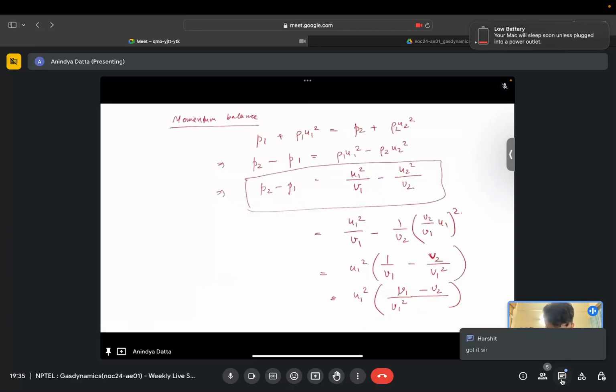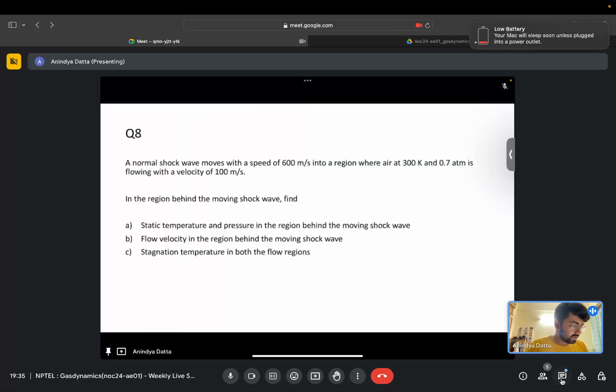Always, when we see a problem, we think about which formula we should fit in there, but at times it's just application of the simple basic fundamental understanding of the problem: momentum balance, mass balance, energy balance. And even the shock expression that we arrive at, we finally get using only these three balance equations, right? Okay, all right, let's move on.